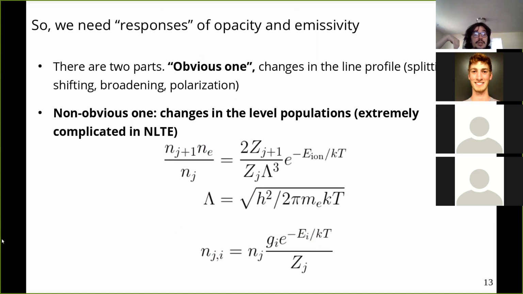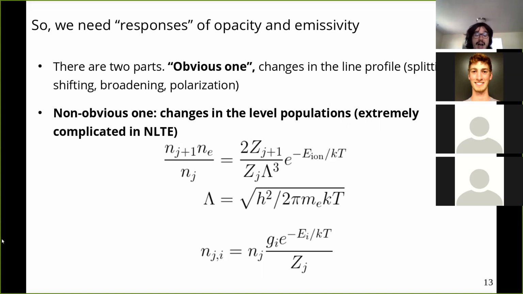However, there is also this not obvious dependency on the temperature, which is the influence the temperature has on the level populations. The way to account for these is to go through the Saha and Boltzmann equations that I'm listing here again, which tell you that the ionization and excitation state of the gas depend on the temperature through some analytic functions.